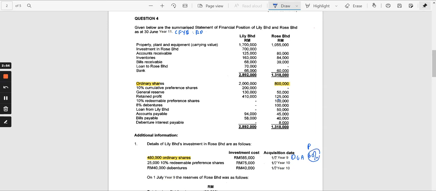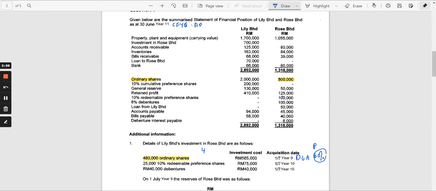60%, because you take 480,000 divided by 800,000 ordinary shares, and that will give you 60%, and therefore the NCI is 20%.